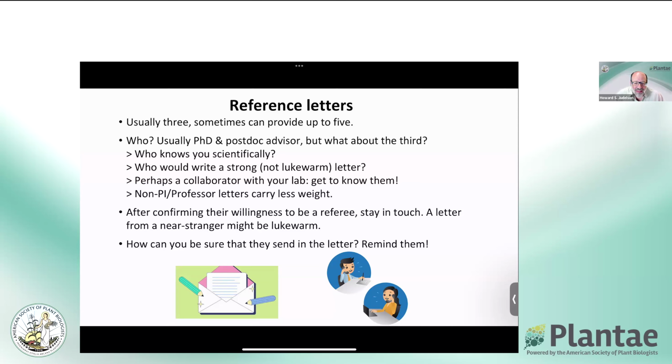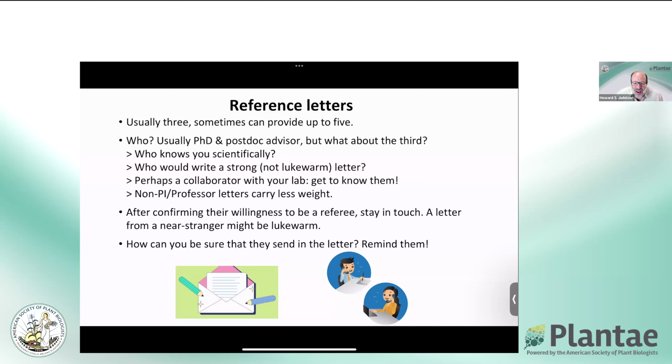And ideally, these letters would come from faculty, so if it's a letter from a non-PI or non-professor, like another postdoc in your lab, sometimes you'll see those letters, but they do carry less weight. So ideally get a letter from a faculty member or some high-level research scientist.